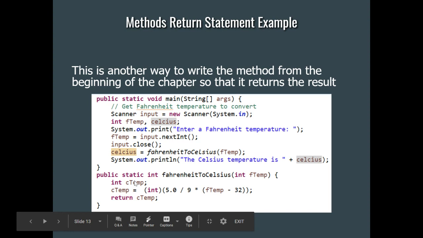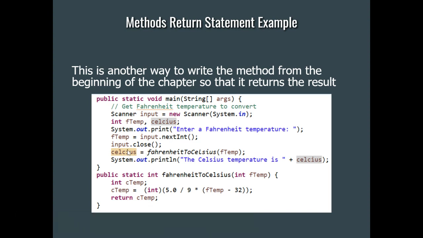It makes a temporary local variable called ctemp, and it does the calculation required, and then it returns the Celsius temperature. So you can see here, I've caught the value that gets returned in a variable of the appropriate type, integer, and then I can just print it out.